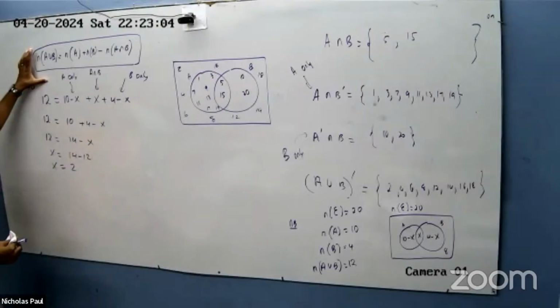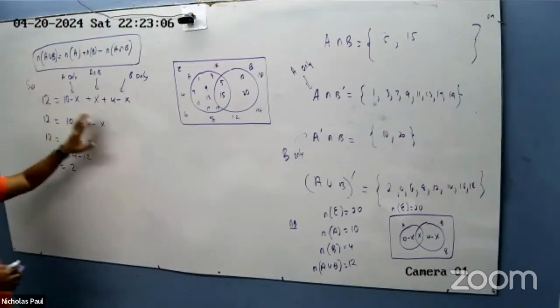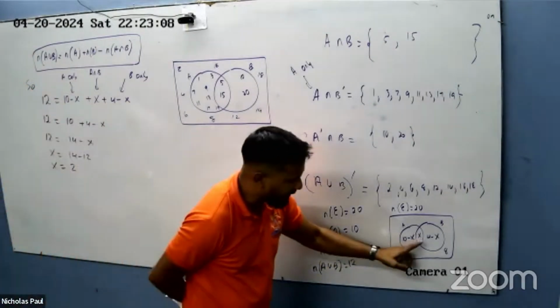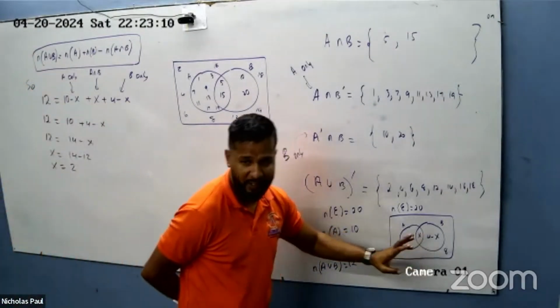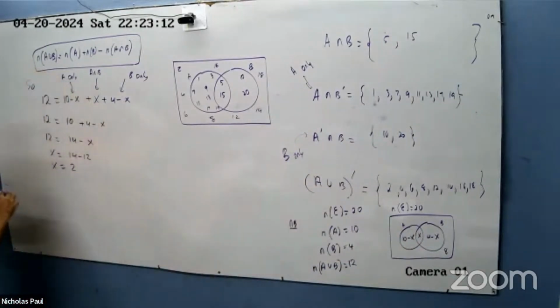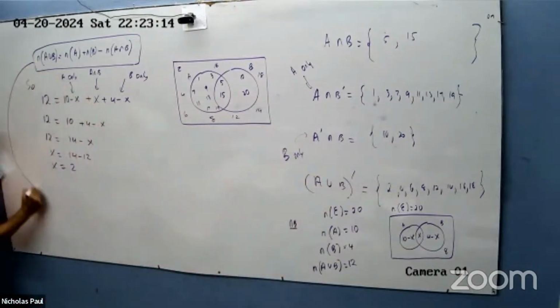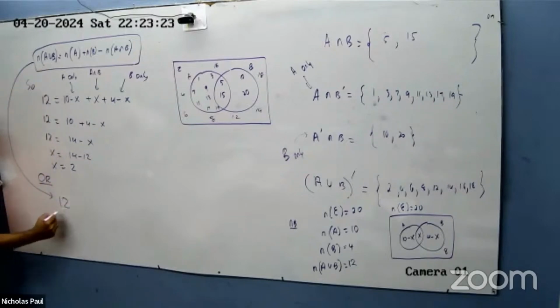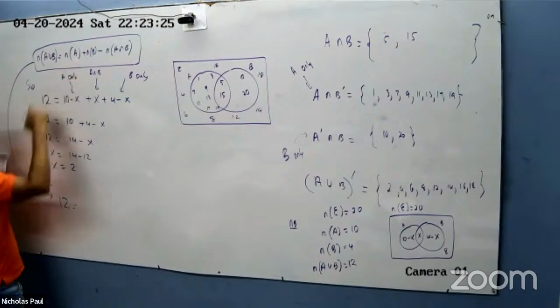This formula is saying the same thing, but I wanted to show you this. This plus this is 12. You understand that? Now I want to show you what the formula will give you. What's the number in A union B? 12. What's the number in A?